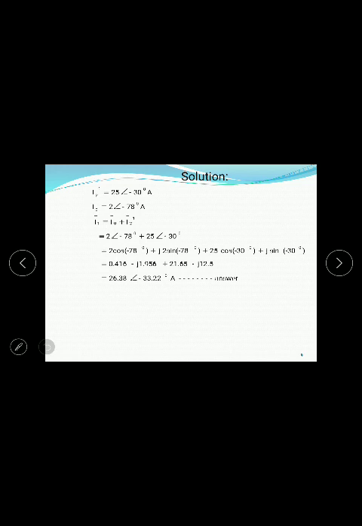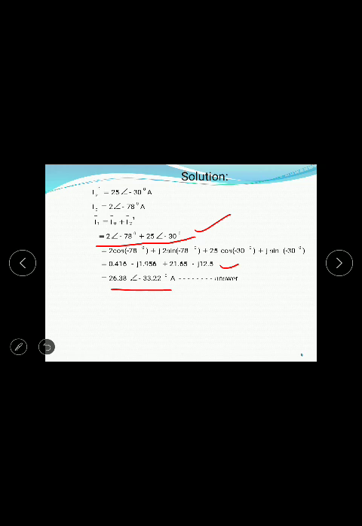So here in this equation I1 is equal to I0 plus I2 dash. All are given in polar form, so we are converting polar into rectangular form, which gives the answer. Then after, go to the polar form.